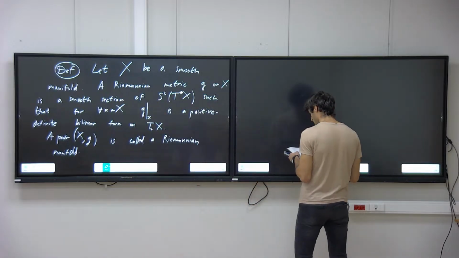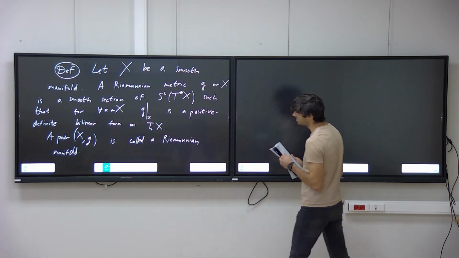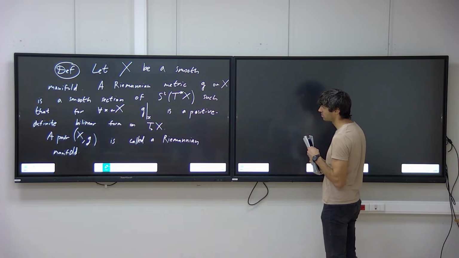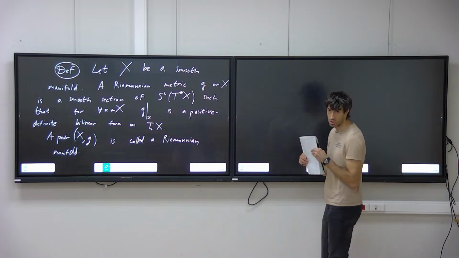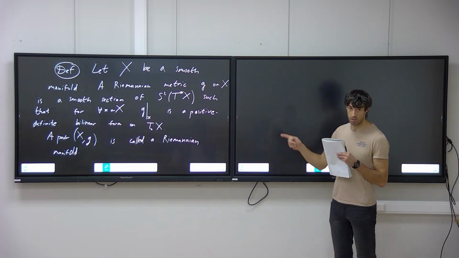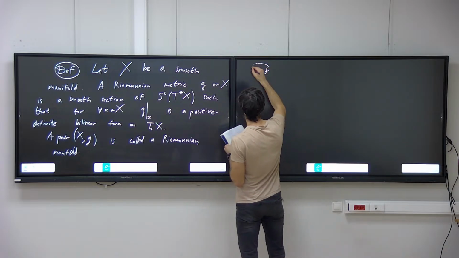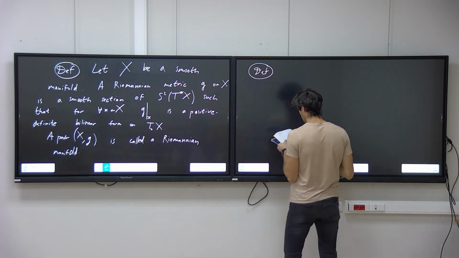All right. And then why is this thing good? Well, for example, there's a way to measure the length of a curve if I have such a thing. So it's another definition. I just define what the length of a curve is.